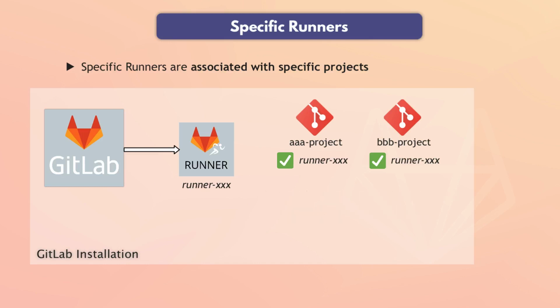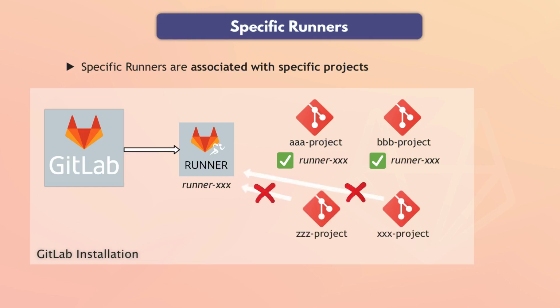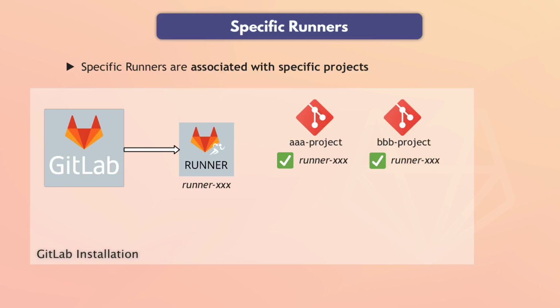So other projects that are also part of the same GitLab installation, which the specific runner is registered with, cannot use these specific runners. And you can actually have one specific runner dedicated to one or more projects. But again, you have to make that connection, or basically unlock that runner and make available for each project explicitly.